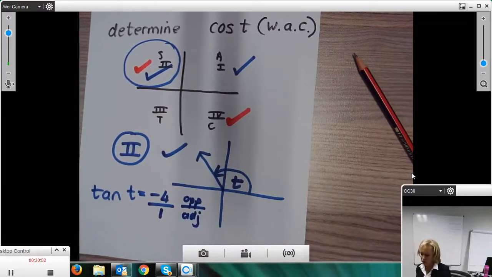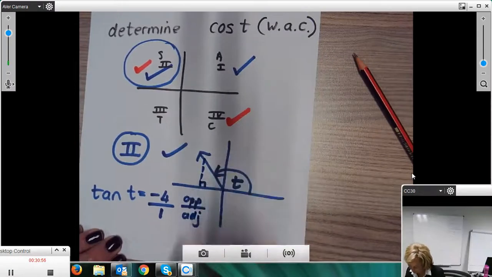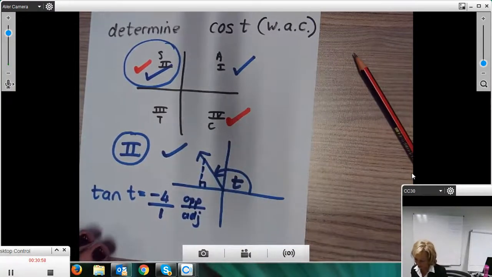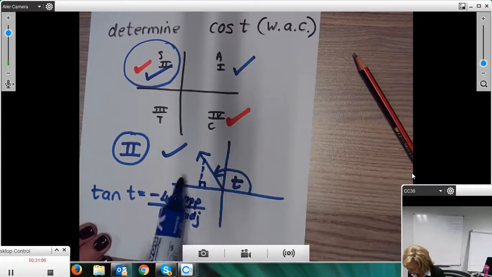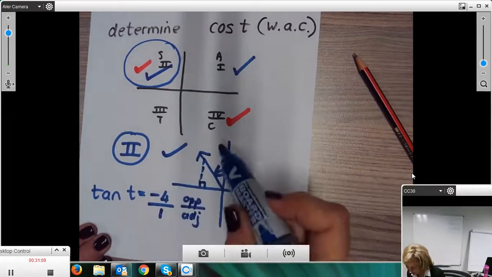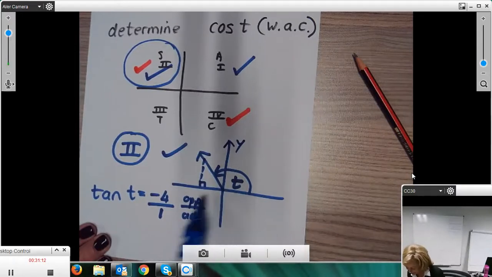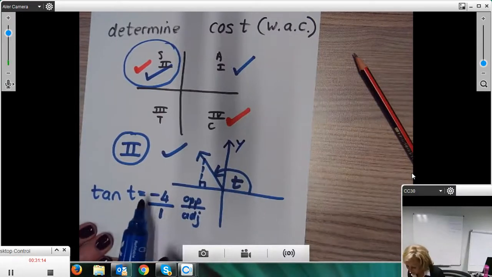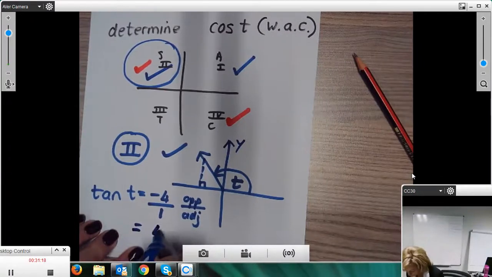Now you must be very careful when you construct this triangle, because we know that it's got to be in the second quadrant, and we have our angle T in the second quadrant. You see that the opposite to angle T cannot be negative because it's the positive y-axis, and the adjacent cannot be 1. So the negative that is there is actually 4 over -1.